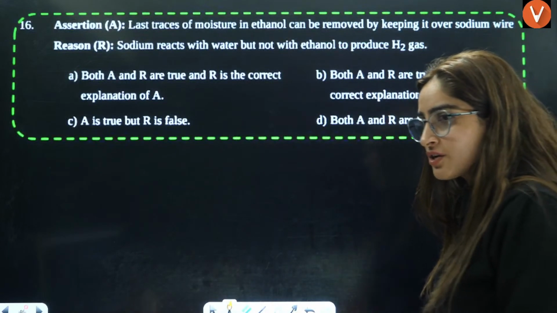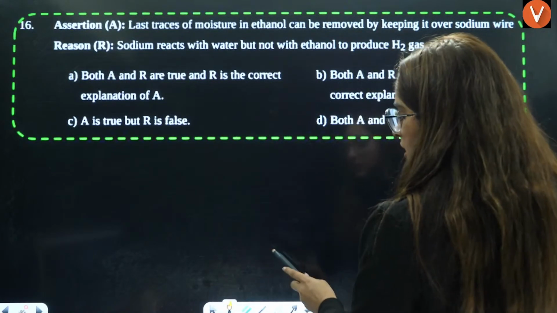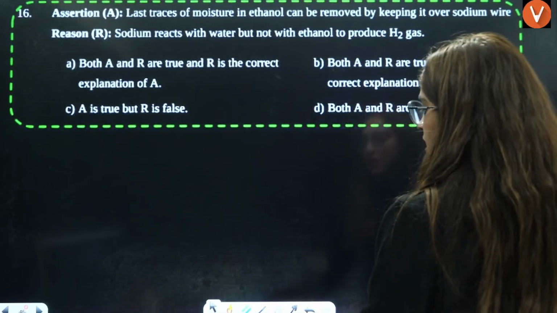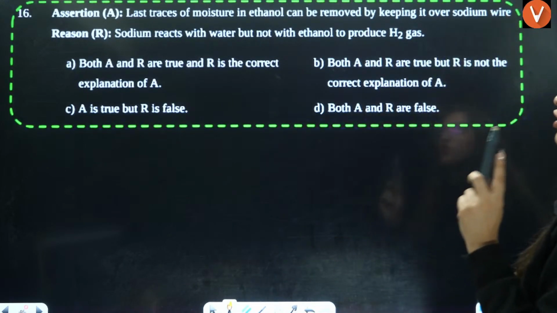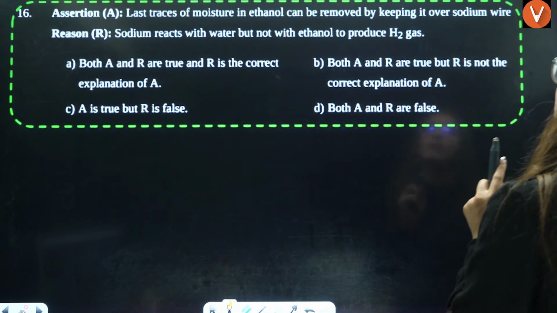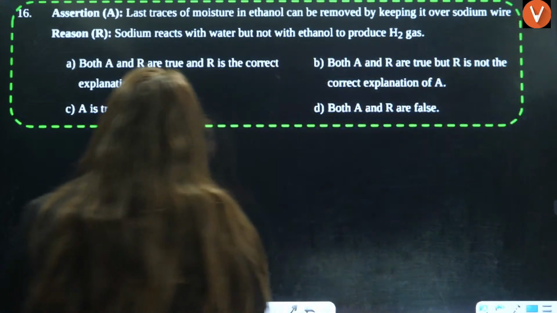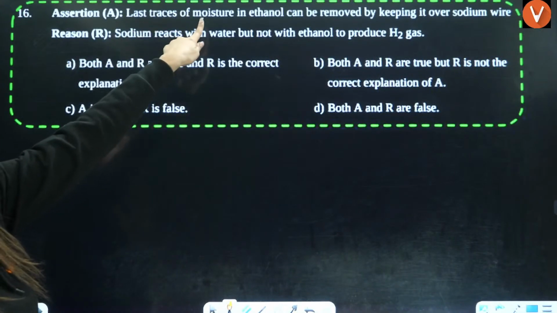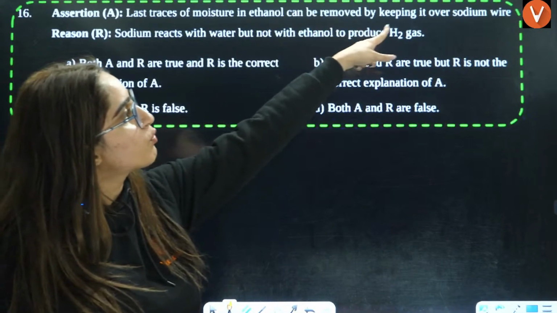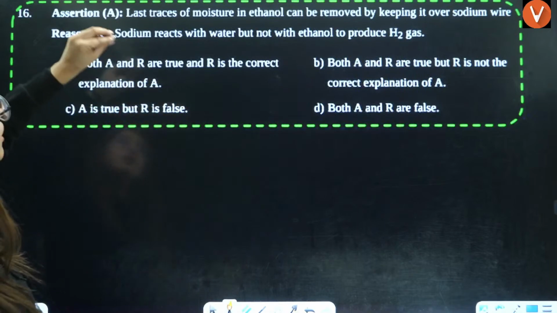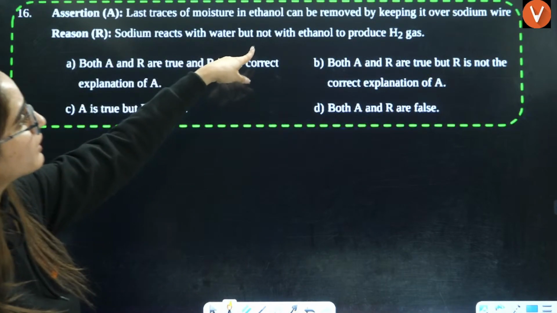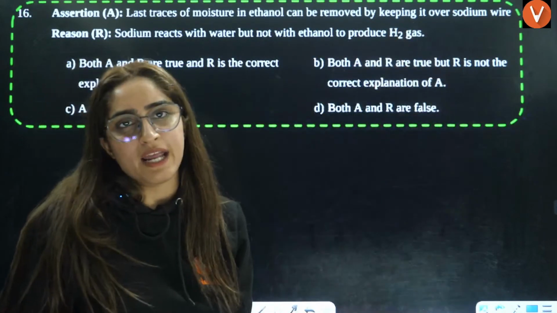Last is assertion reasoning, as you can see here. Last traces of moisture in ethanol can be removed by keeping it over sodium wire. Sodium reacts with water but not with ethanol to produce H2 gas.